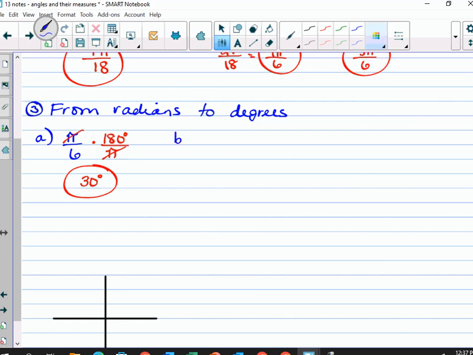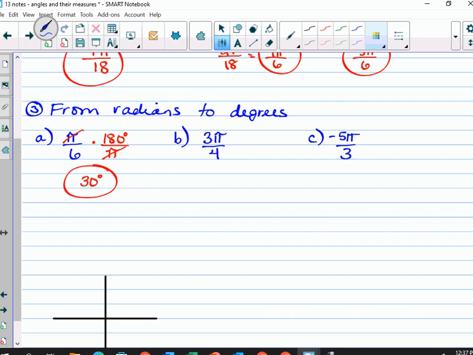Give you a couple to try. Let's try 3 pi over 4 and negative 5 pi over 3. Now guys, make sure you reduce before you multiply. Like I don't really want to do 3 times 180 or 5 times 180. Do the divided by part first. 180 divided by 4 or 180 divided by 3. It'll make it a lot easier for you, okay?